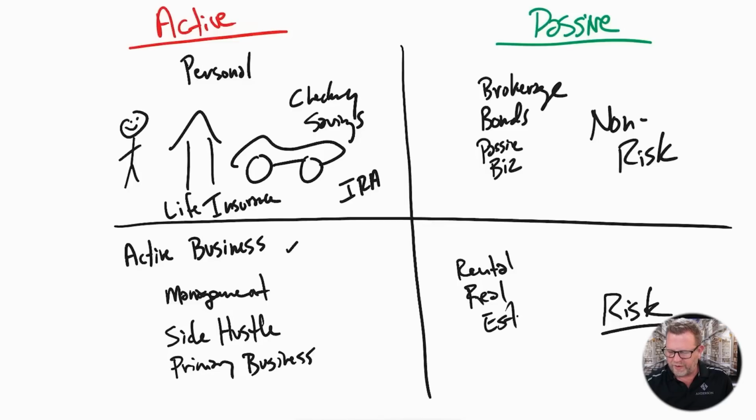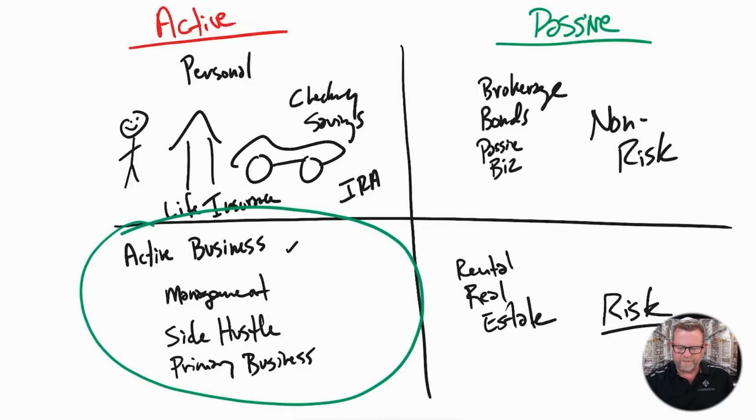Now, why am I bringing this up? Because the types of businesses that we're going to be focusing on today are over here. There's also this: some people act as a sole proprietor and they don't realize that there are literally no lines around them. They and their business are the same thing, and we'll discuss that in a second. So we're really talking about active businesses.